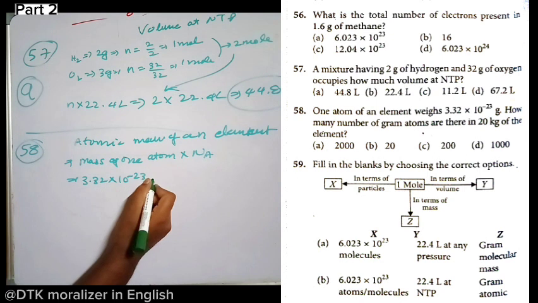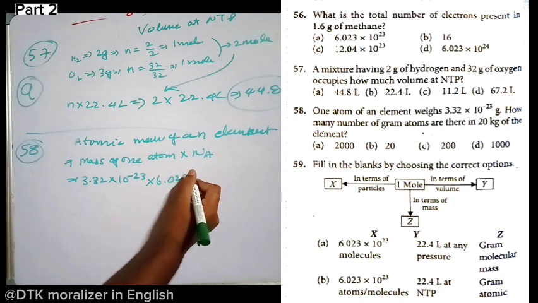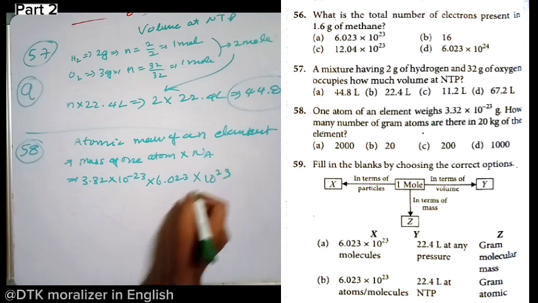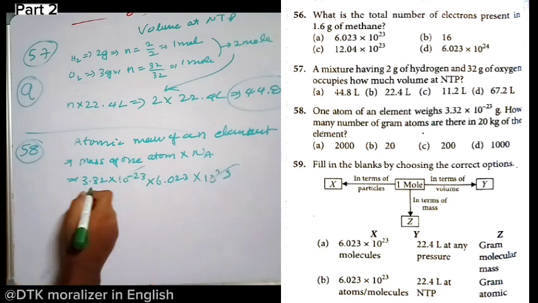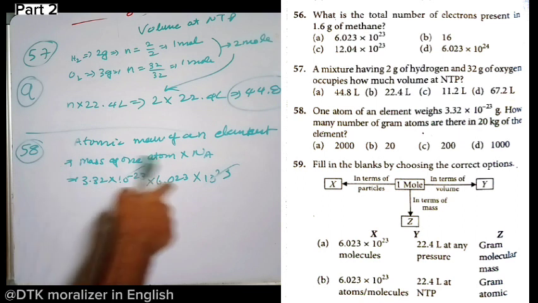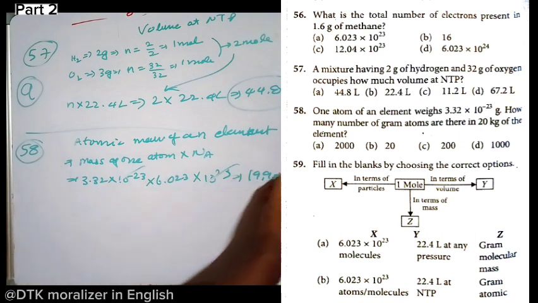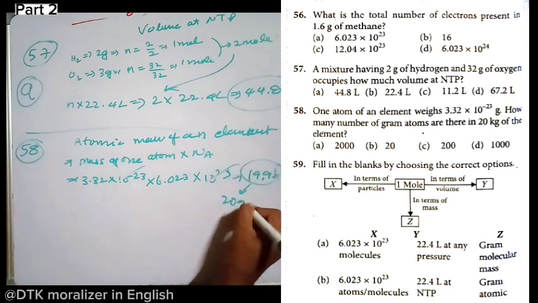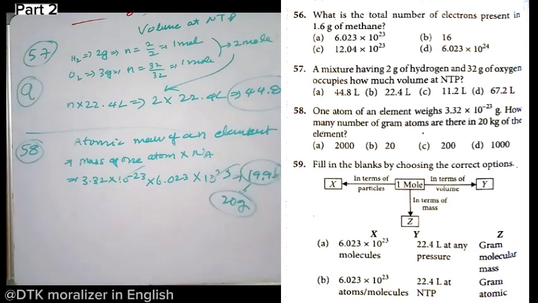So mass of an atom is 3.32 into 10 power minus 23, into Na. Here this cancels, and multiplying gives 19.99, which is approximately 20.